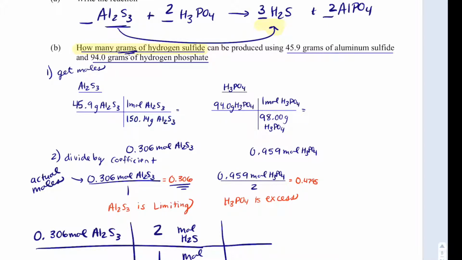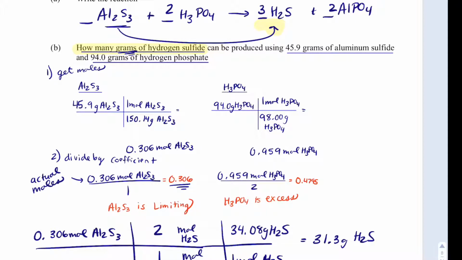But the problem asks for grams, so I'm just going to go one step further and say in 1 mole of H2S, there are 34.08 grams of H2S, and so that'll give me 31.3 grams of H2S. And so I answer the question.